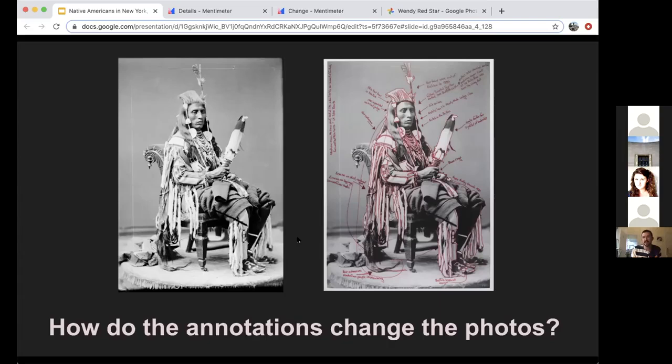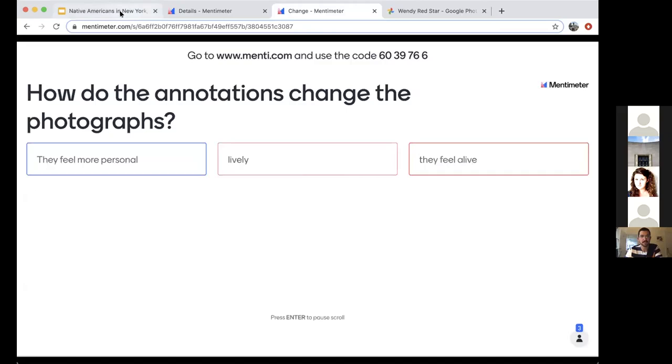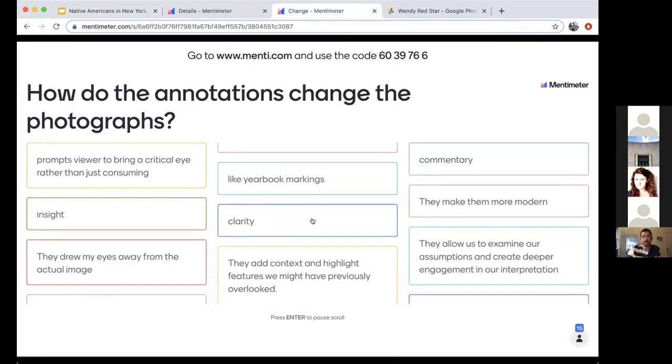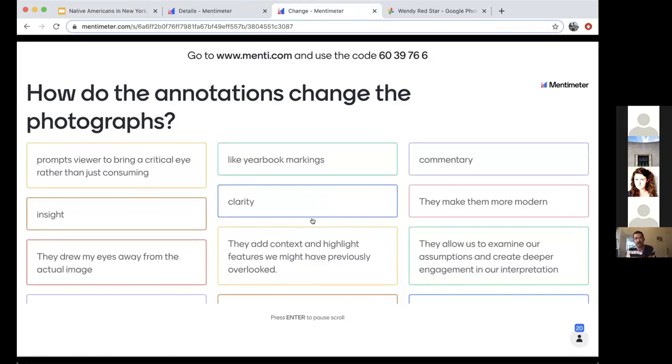And then when you click the link, a little text box will open and you can enter a sentence or two in response to this question. Feel free to take another minute if you're still typing.